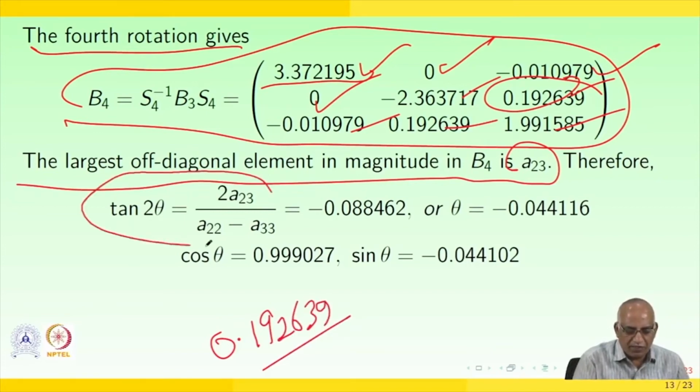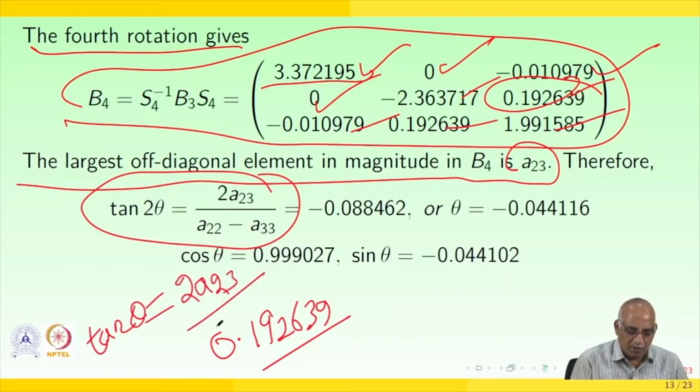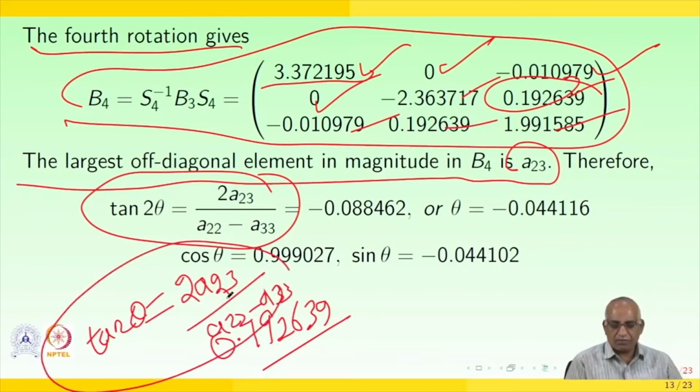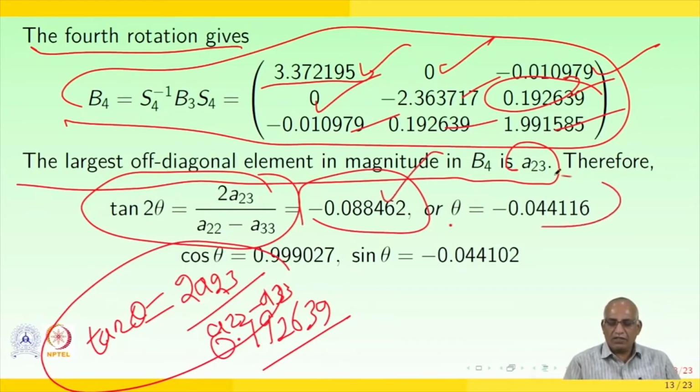So then we can compute tan of 2 theta is equal to 2 A23 upon A22 minus A33. That is equal to minus 0.088462, or theta is equal to minus 0.044116.